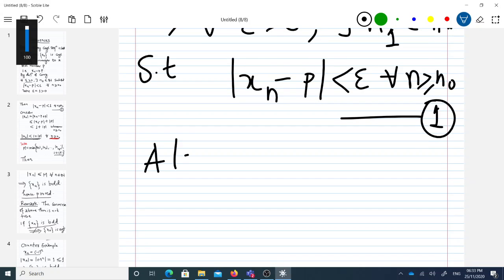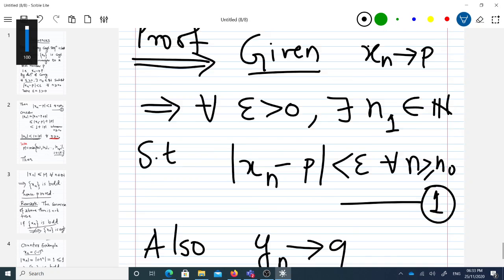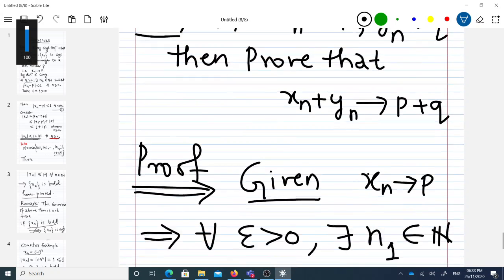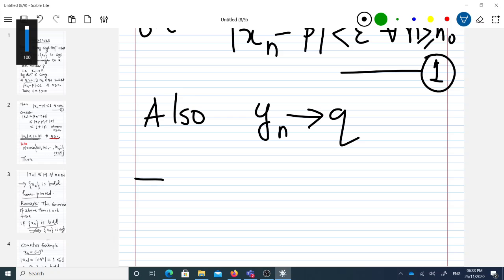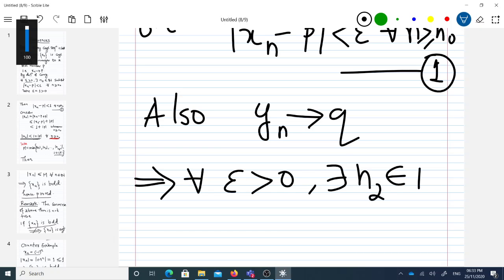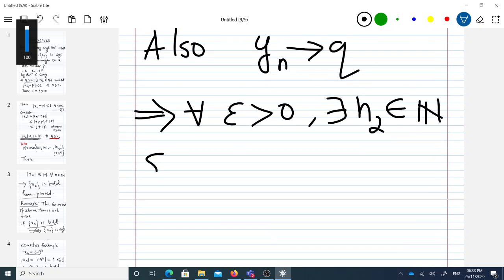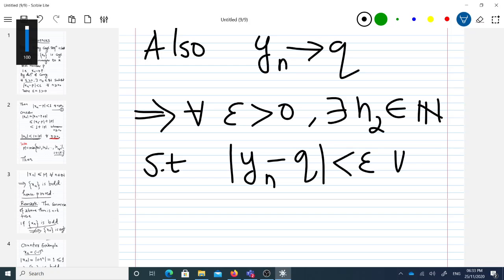Also, it is given that yn converges to q. So what does this mean? This would imply for every epsilon greater than 0, there exists n2 belongs to natural number such that mod of yn minus q is less than epsilon for all n greater than or equal to n2.